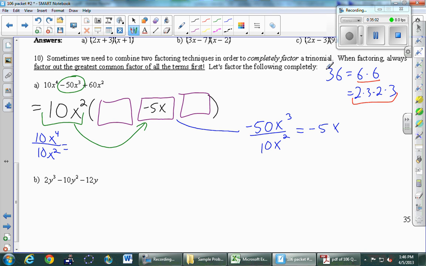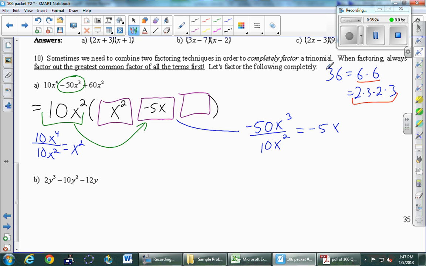When we cancel the 10s, how many x's are left when I cancel? There's 2. So we get x squared.